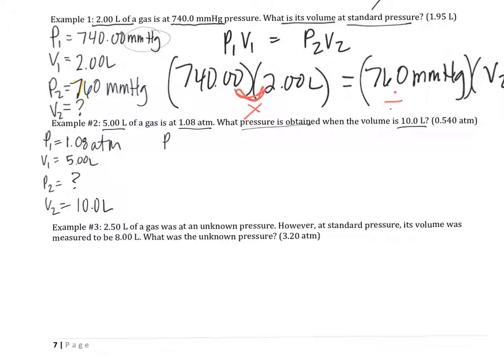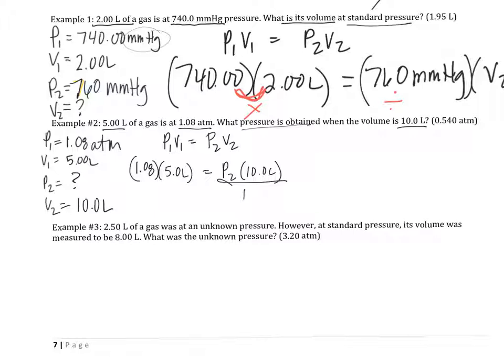So write your equation, P1 V1 equals P2 V2. Plug everything in, 1.088 ATM, volume 5.0 liters, pressure is what we're looking for, and then I have 10.0 liters. Multiply and then divide.